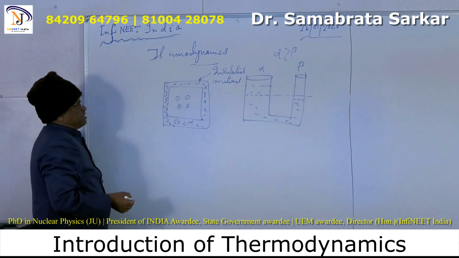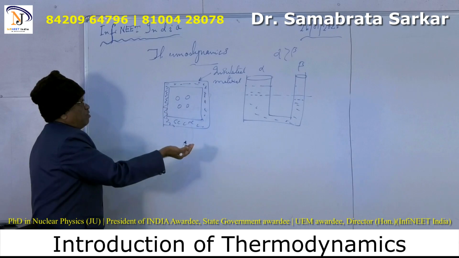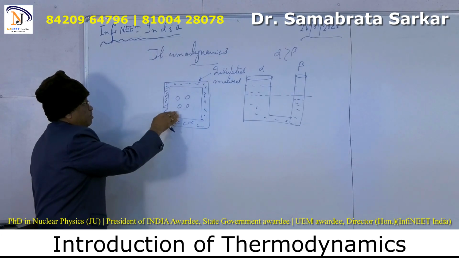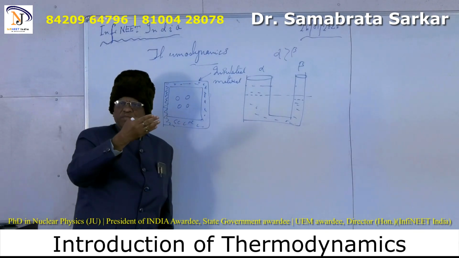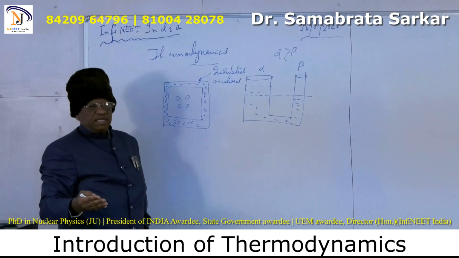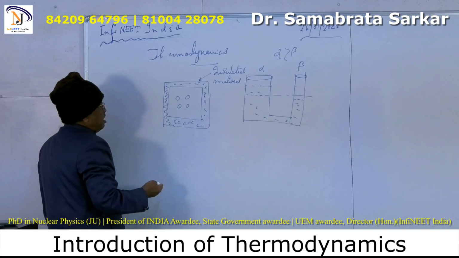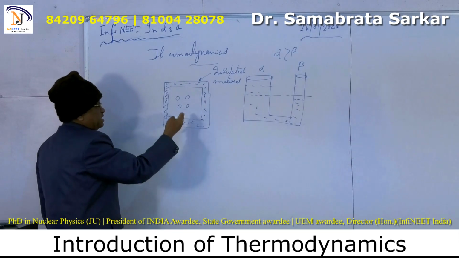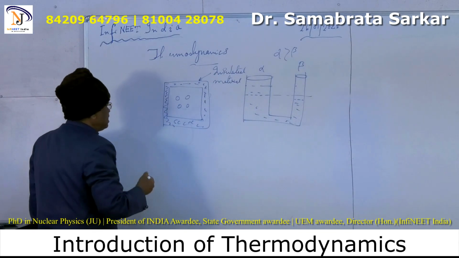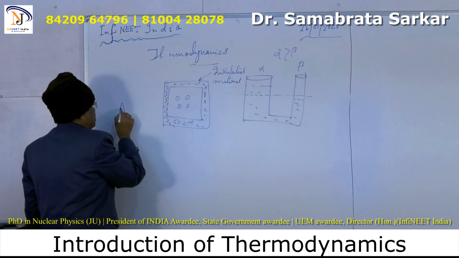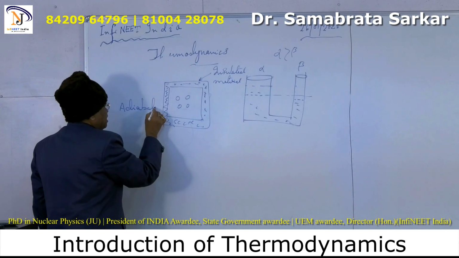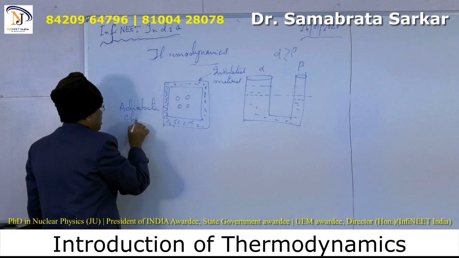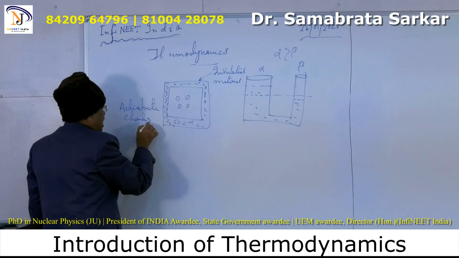And what happens? Neither will heat flow from this chamber to the environment, nor will it enter from the environment to the chamber, and it is actually called an adiabatic chamber or isolated chamber.